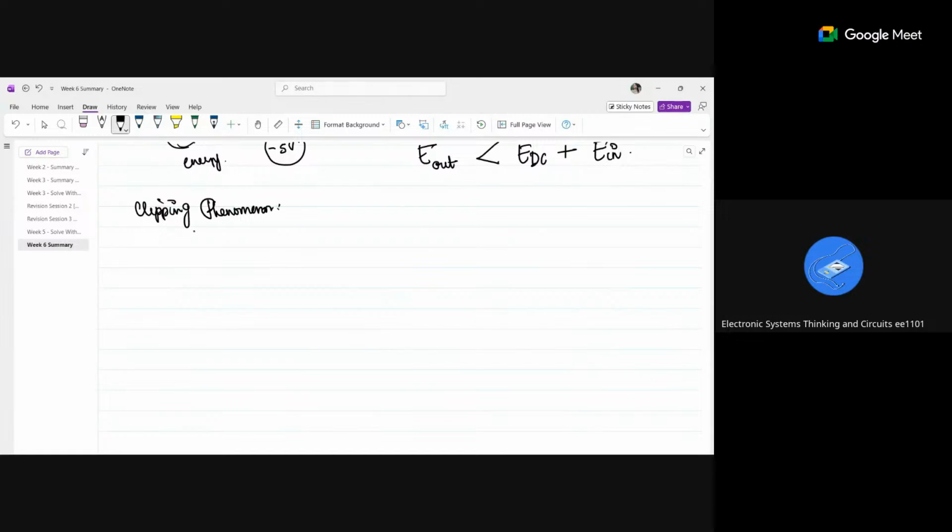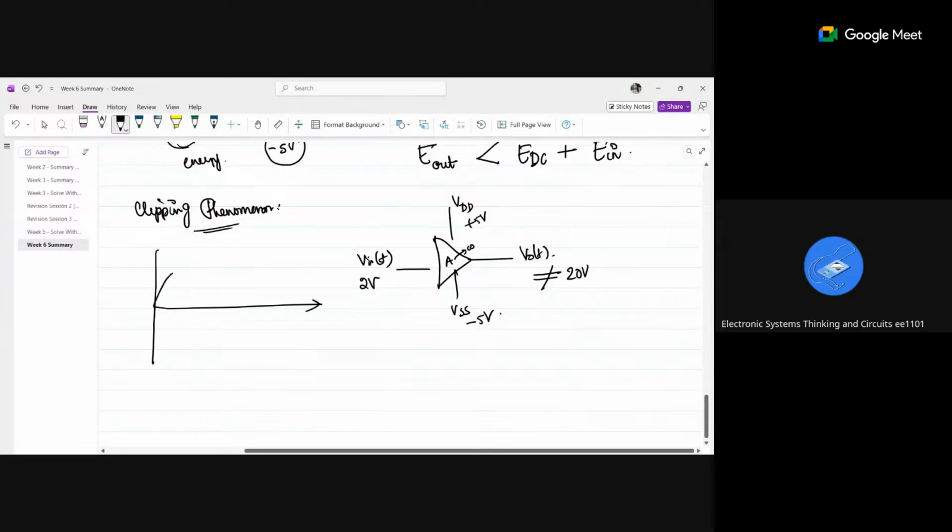So what is the clipping phenomenon? If there is an amplifier supplied by some VDD and VSS, and my input is of some range and my output is of some range. So if this is plus 5 volt and VSS is minus 5 volt, if my V input is 2 volts, I will not be getting 20 volts at the output if the gain is 10. So this signal is my input, 2 volts.